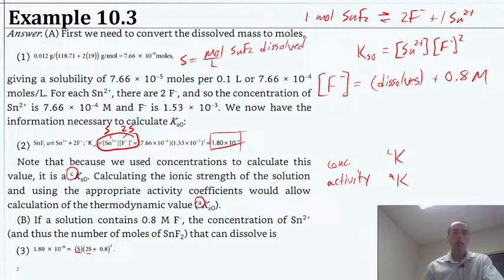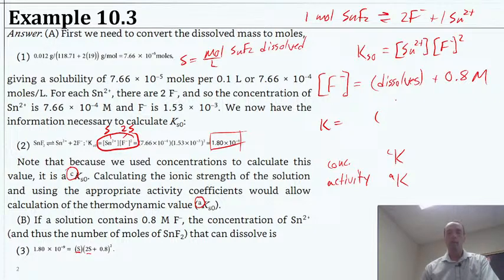And if we do that, which could make sense then in our equation here, we'll say K is going to be equal to the amount that's dissolved plus the 0.8 when we're calculating the F part of that equation.